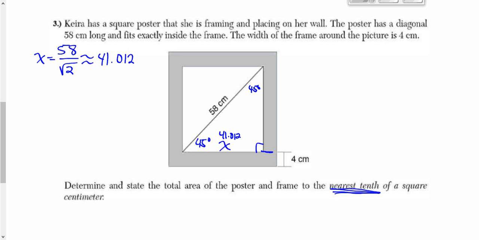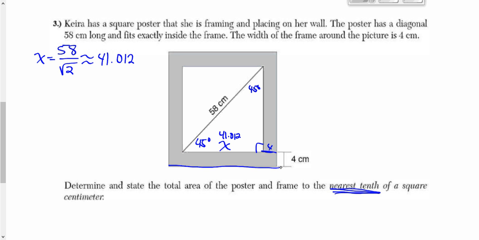So that means that that's 4, isn't it? Because we need this whole length, don't we? The frame goes all the way around, doesn't it? So what do we actually add to this to get the whole length?